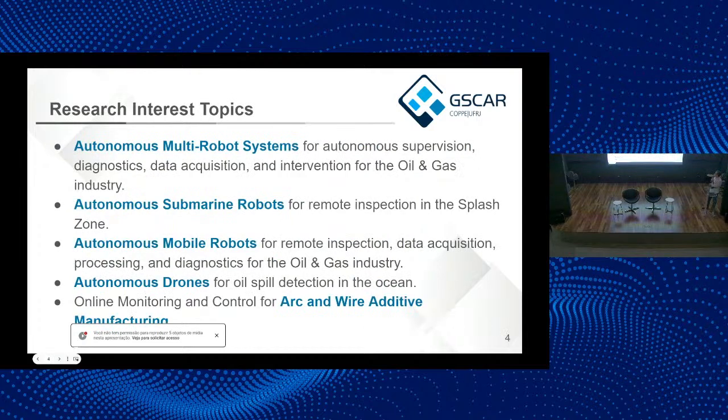These are the main topics we have pursued in our group: autonomous drones, autonomous mobile robots, submarine robots, and multi-robot systems. So we are talking about robots from minus 1,000 meters to 1,000 meters, since we are working with underwater, on the surface, and in the air.